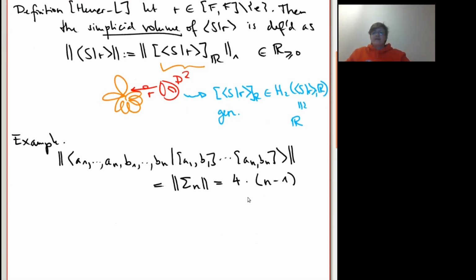And then, before we started talking about the simplicial volume, we first talked about stable commutator length. So let's relate this to stable commutator length. We can express this in terms of stable commutator length as 4 times. So the stable commutator length of this relator was just n minus 1/2, okay?